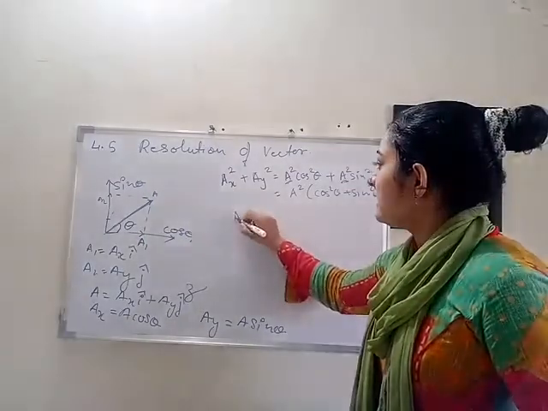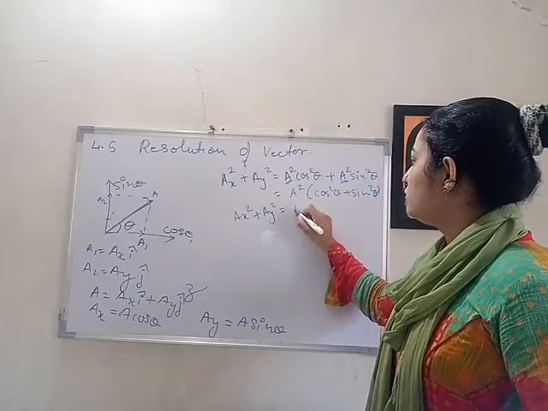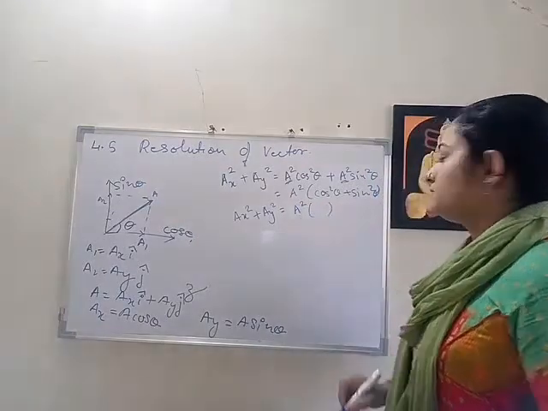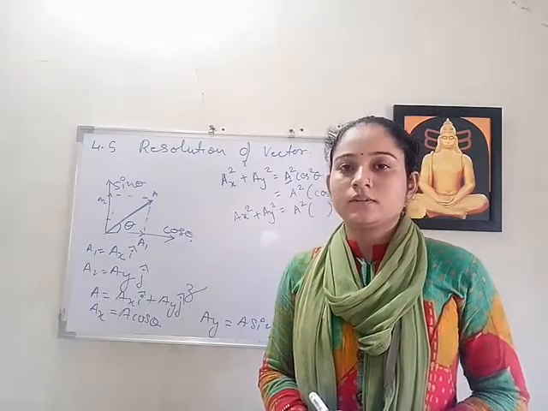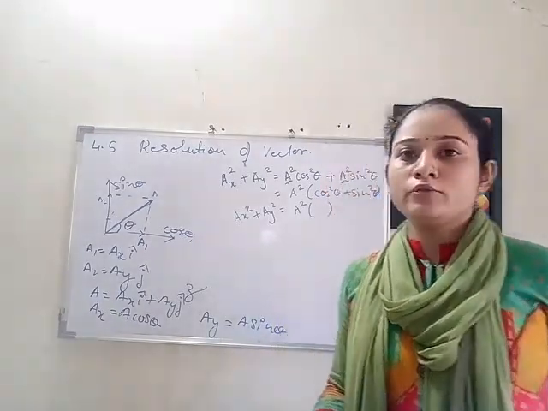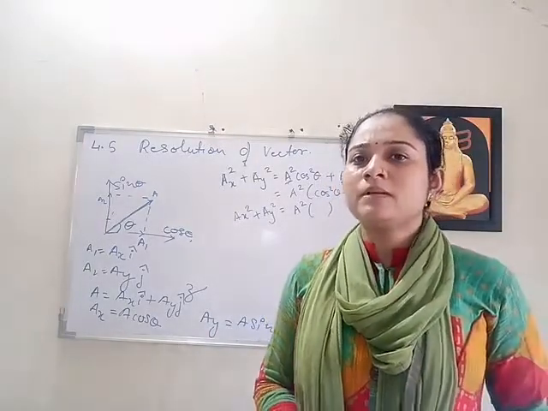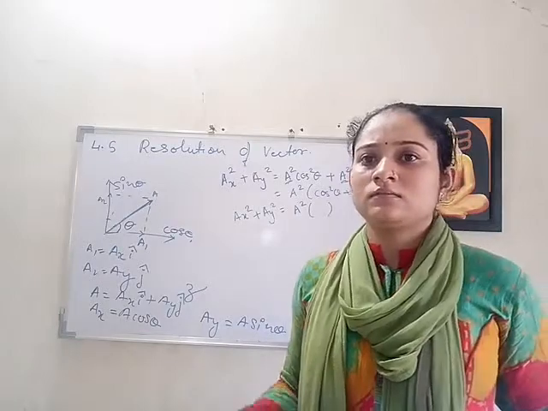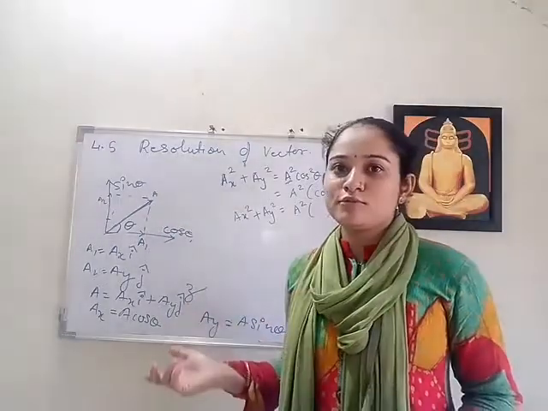So Ax square plus Ay square will be equal to A square into, you have studied trigonometry, right? It might not be your favorite, and some people might not like trigonometry, but for this sake you have to study it in physics.